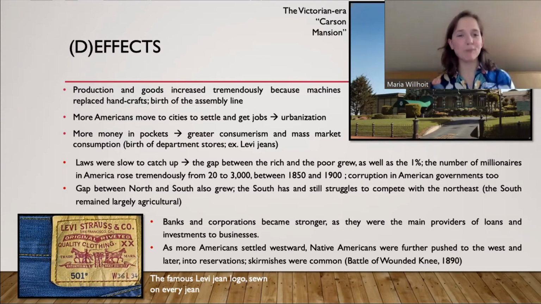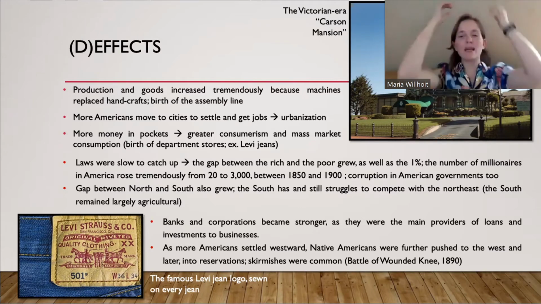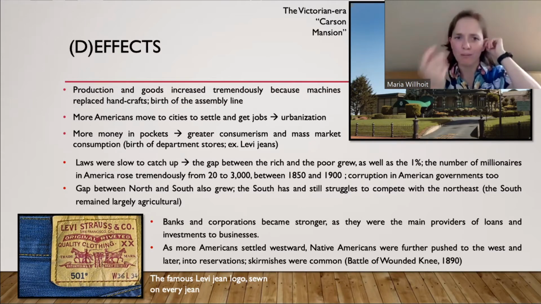You could have greater production, more goods. Things didn't have to be handcrafted anymore. You have what we call the birth of the assembly line. So, people could have more access and could buy goods. When you have a greater supply, you can usually decrease the price, right? And now it makes goods more accessible to people.